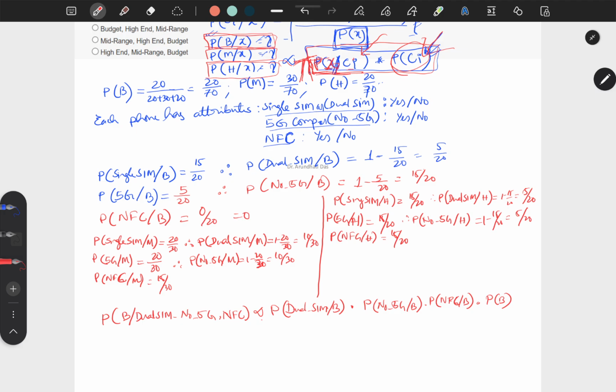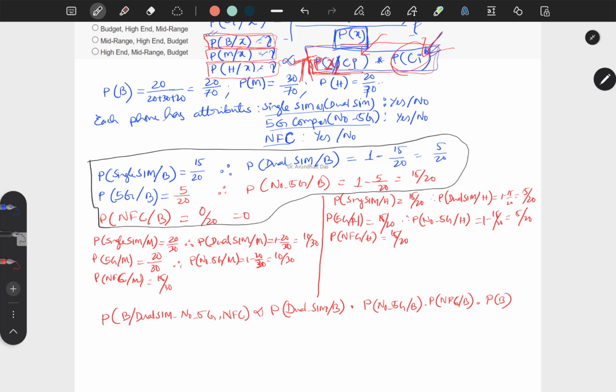So one smart thing we can do here, in case of this budget range, the probability value of the feature NFC given the budget is 0, right.